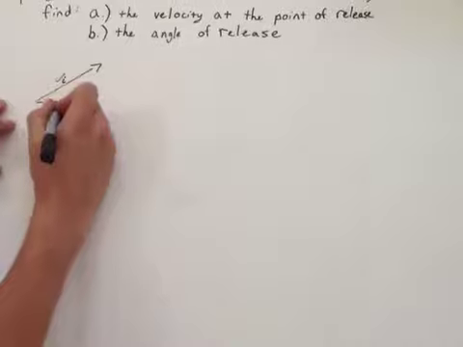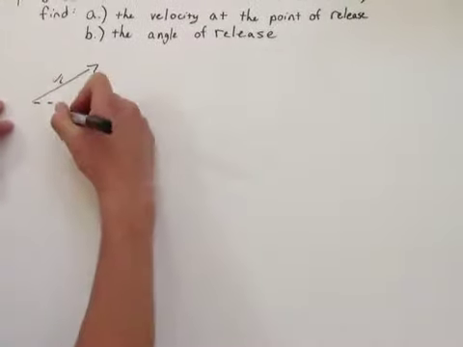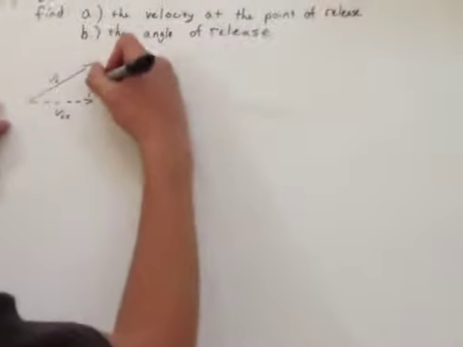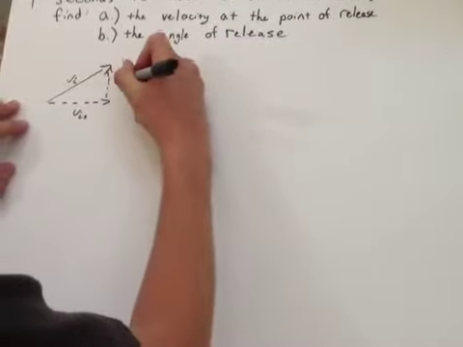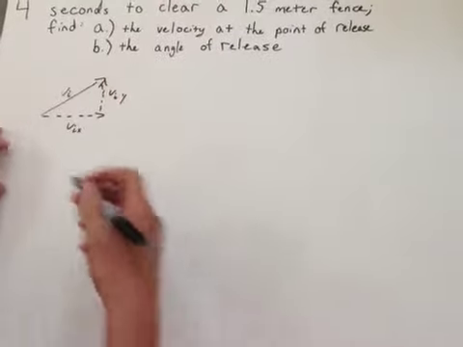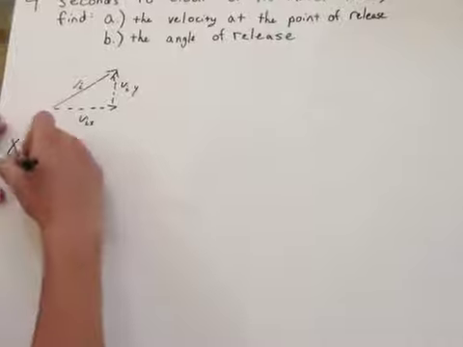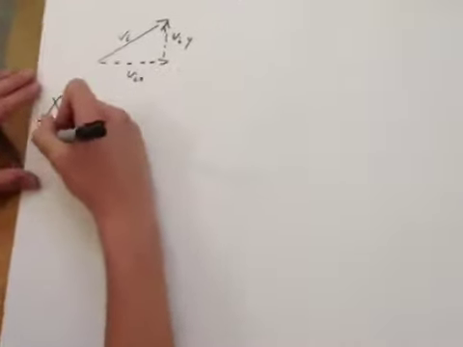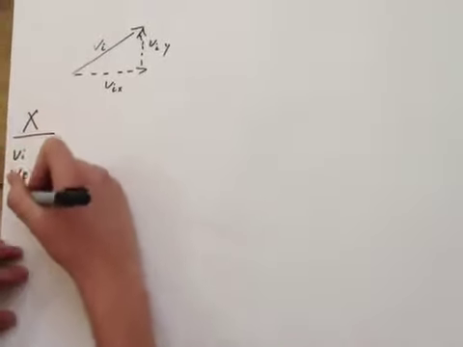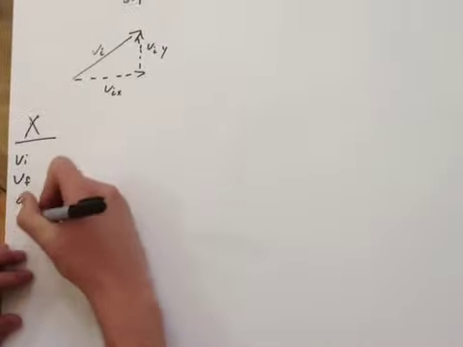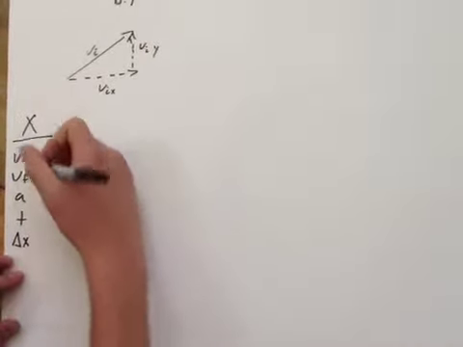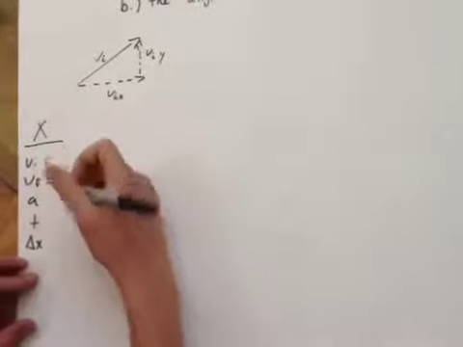So we'll break it up into Vix and Viy. And so we have to do our problems in two parts, the x part. So we have Vi, Vf, a, t, and delta x. These are unknowns for now.